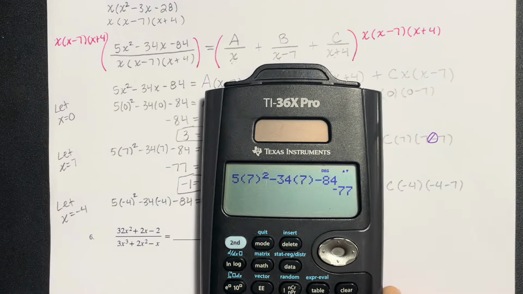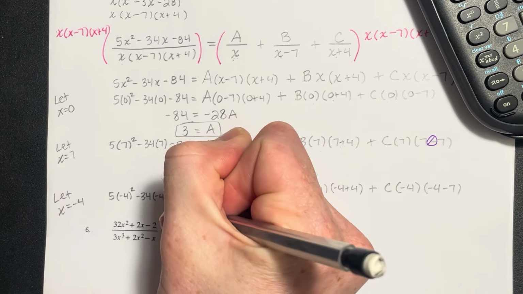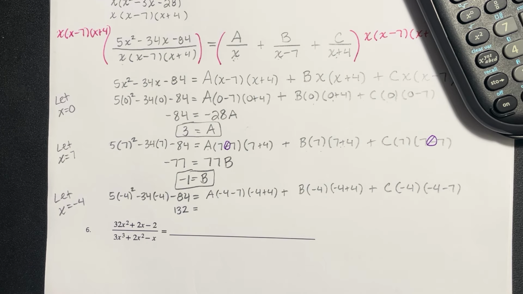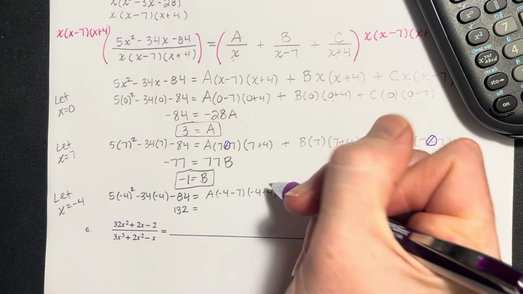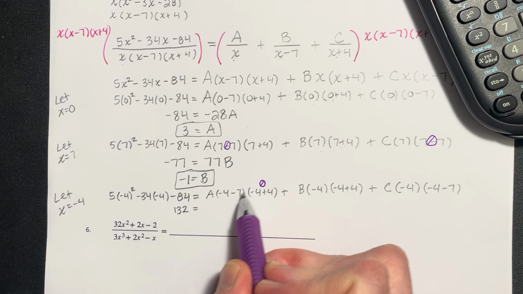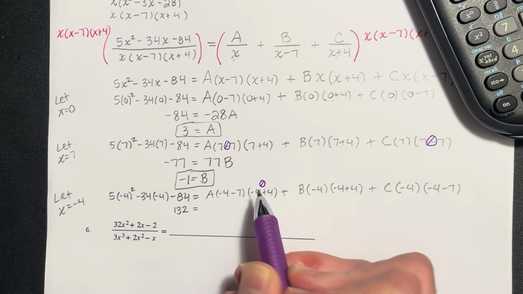We work out the left side. 5 times negative 4 squared minus 34 times negative 4 minus 84 should give me 132. All right, then we look at the right side, and you should notice that negative 4 plus 4 is 0, so we have a times negative 11 times 0, which is still 0a.